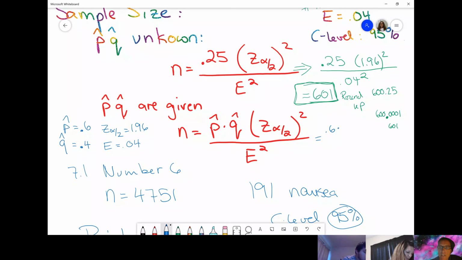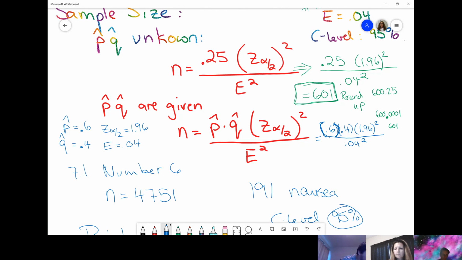So now plug it in. 0.6 times 0.4, maybe I'll put them in parentheses, times 1.96 squared divided by 0.04 squared. I just put those decimals in parentheses so I know they are decimals. You don't have to. With the calculator, I don't.